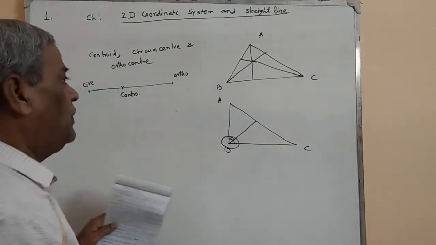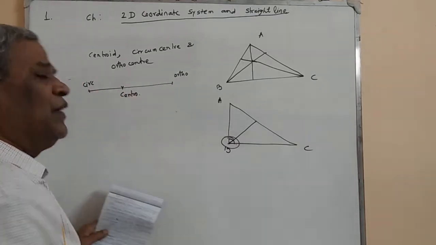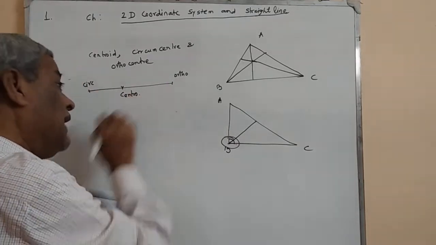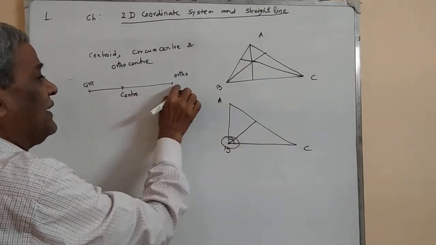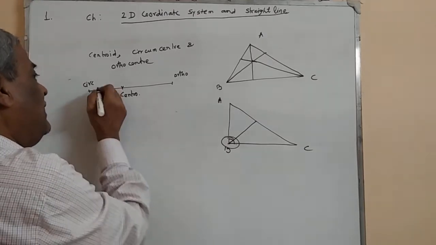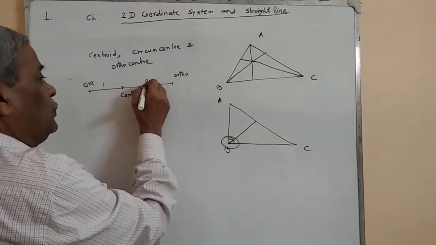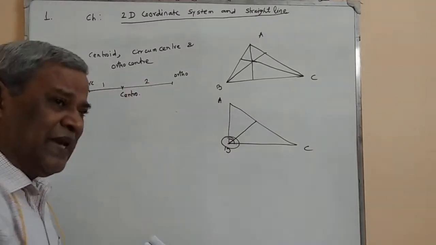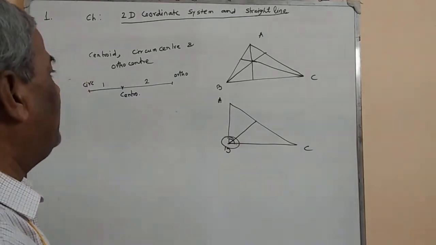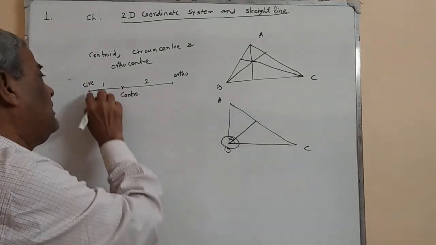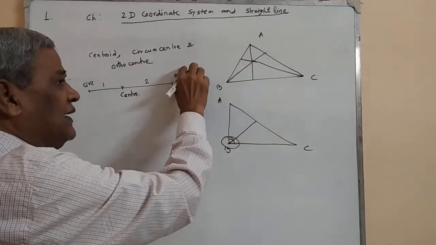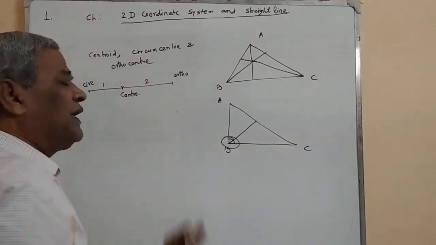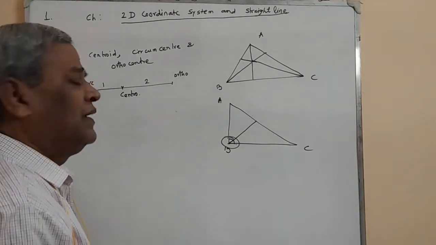Just now I told you they are collinear, lying on the same straight line, and in that case the centroid divides this and that internally in the ratio 1:2. Sometimes problems may be given with any two of these, either this and that given, we have to find out the other, or any two will be given and we have to find out the remaining one.